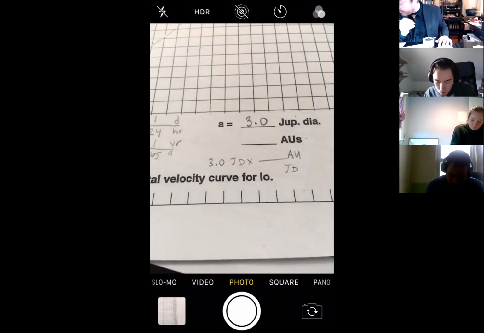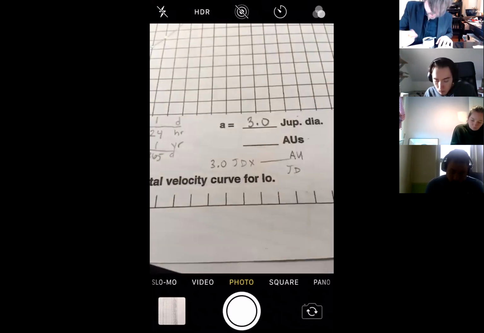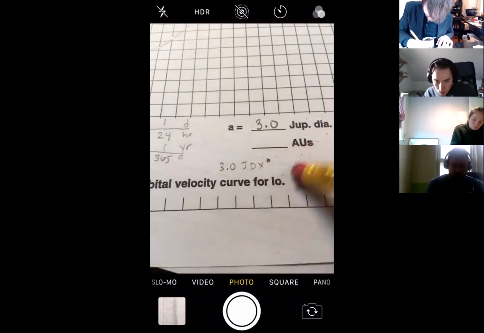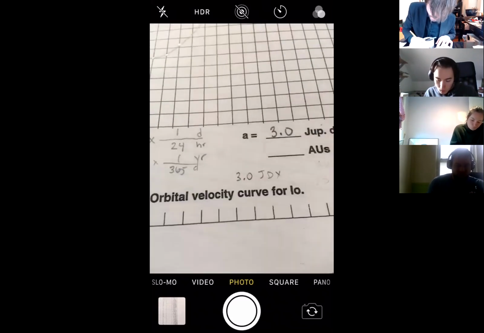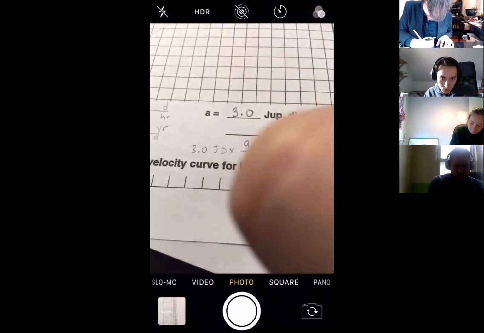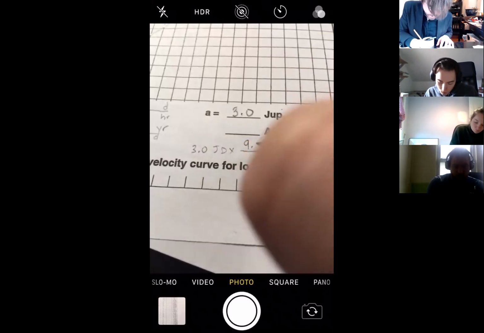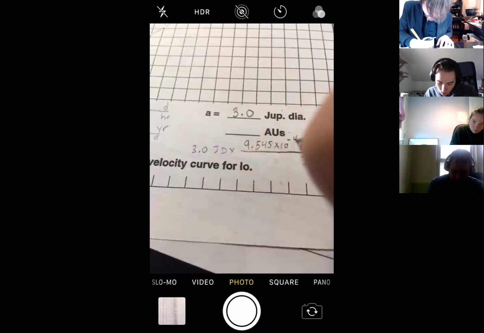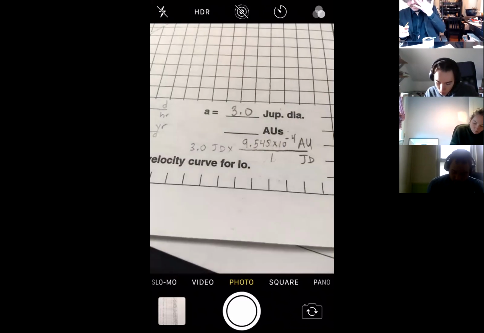And on top is, oh gosh, I need more room for this. 9.545 times 10 to the negative 5 per 1 JD.